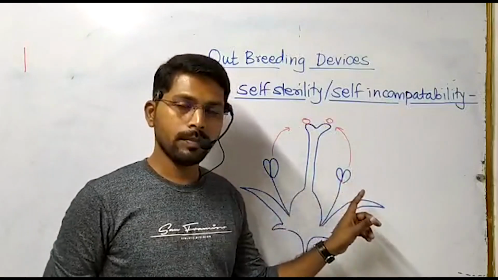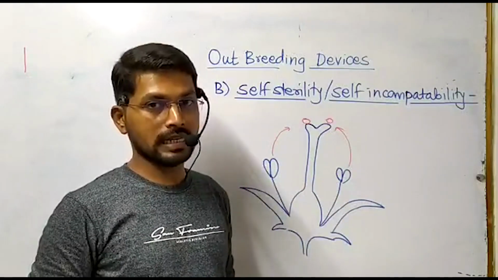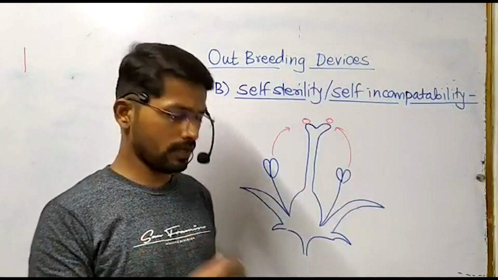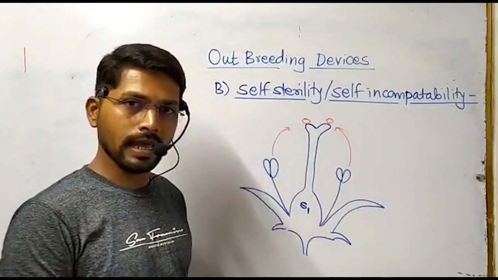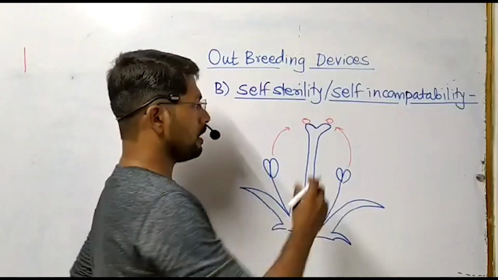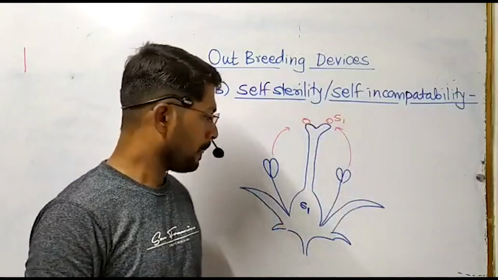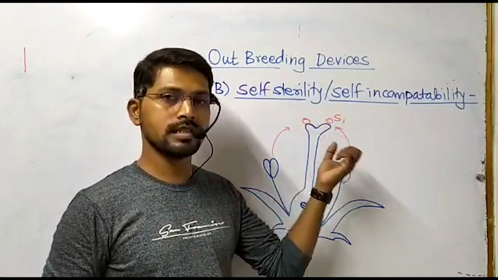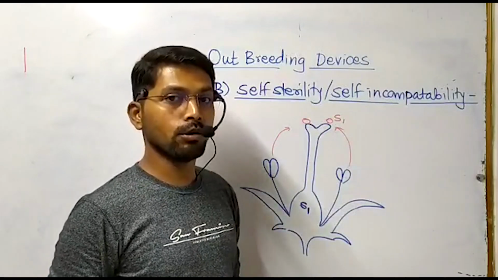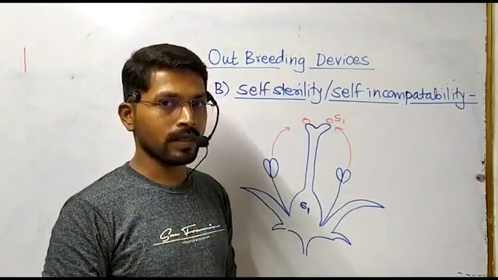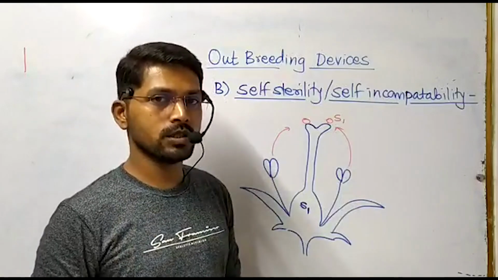As the male and female reproductive structures belong to the same flower on the same plant, their genetics or genome is the same. Say for example, if the carpel belongs to S1, then the genotype of the pollen related to the self-incompatibility gene, gene S, is the same. Now when the same kind of pollen grain is received by the stigma, such pollen is rejected to germinate on the stigma of the same flower, and thereby self-pollination is naturally prevented and cross-pollination is favored.